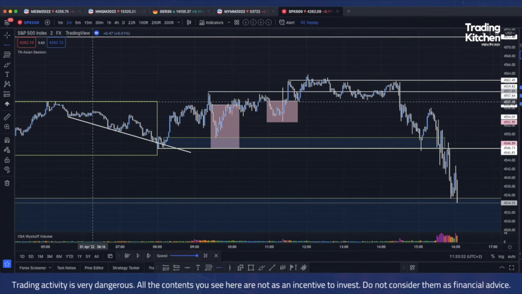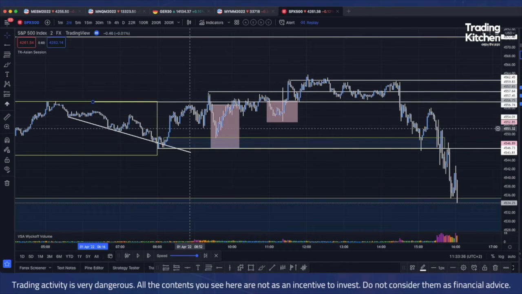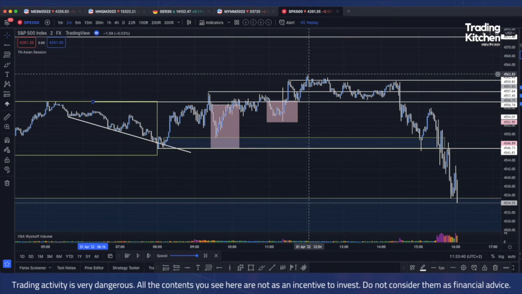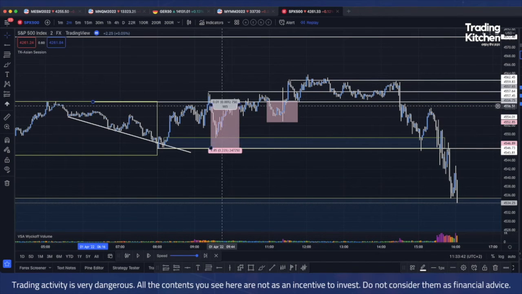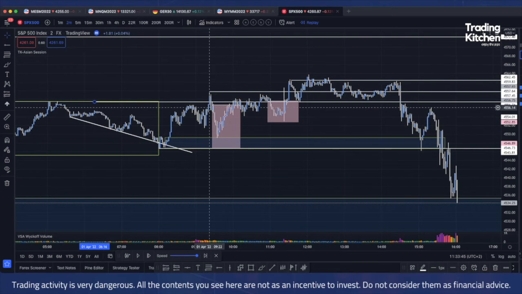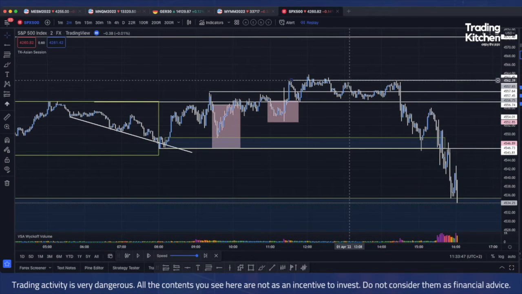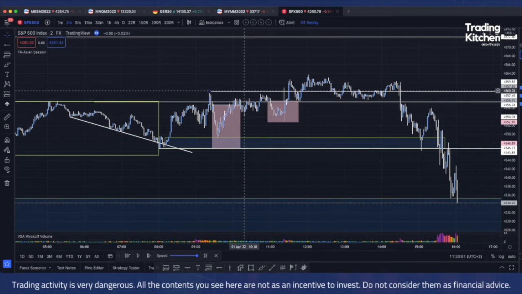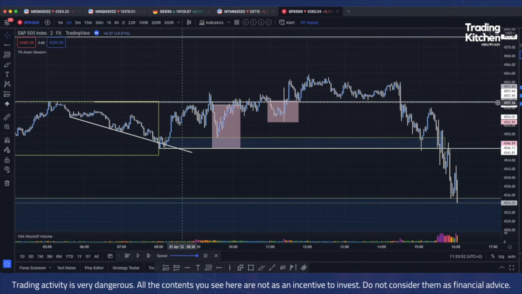So this is the Asian high. I saw a 1, 2 and 3 breakout. That's why I supposed that the market was moving bullish until the US opening.